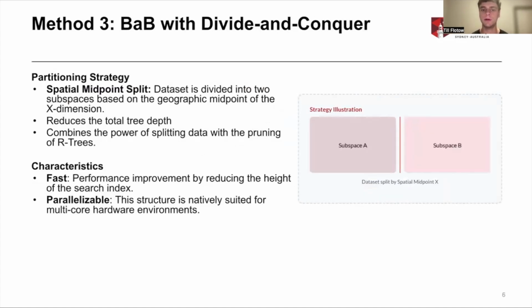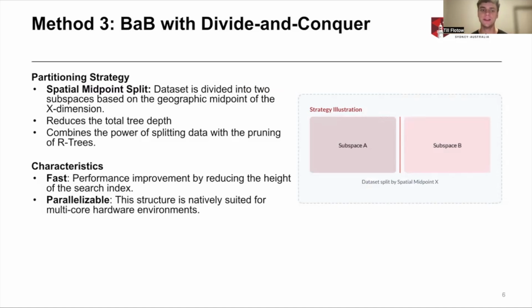To improve the performance even further, we use the branch and bound with the divide and conquer method. Here, the partitioning strategy is a spatial midpoint split. We look at the total width of the map along the x dimension, calculate the geographical center, and divide the data set into 2 halves.